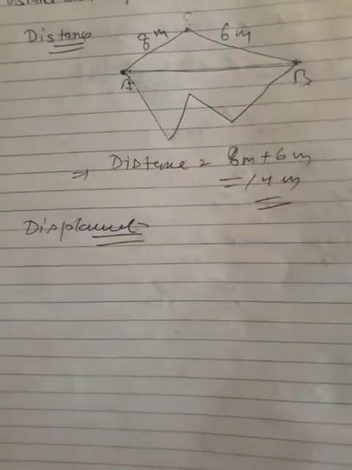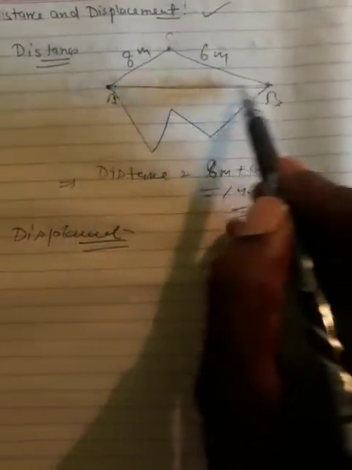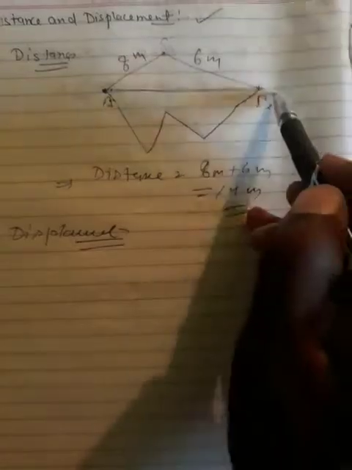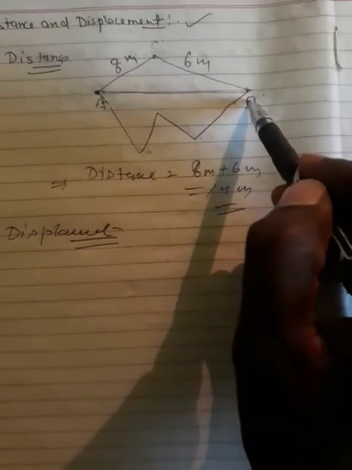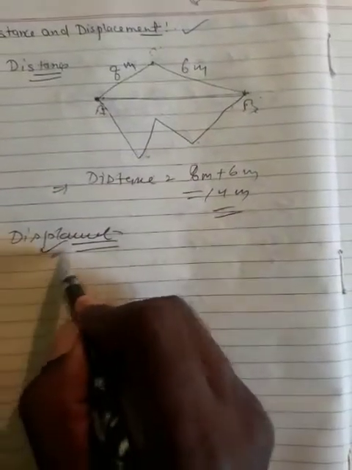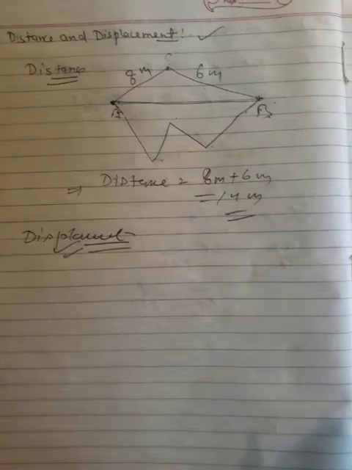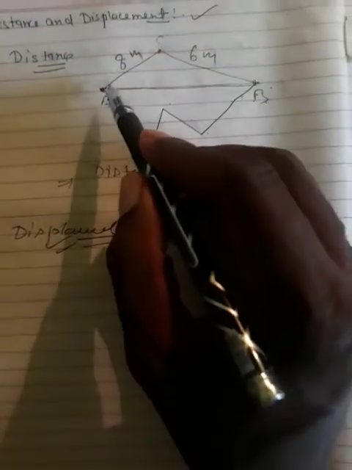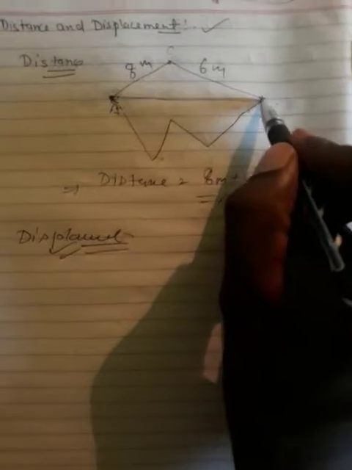In the case of displacement, when an object moves from point A to point B in any path, either A to B directly or A to C then B, and finally reaches point B, then displacement means the shortest distance between initial and final point. When the object moves from A to C, then C to B, the displacement will be taken as only the shortest distance between initial and final point.